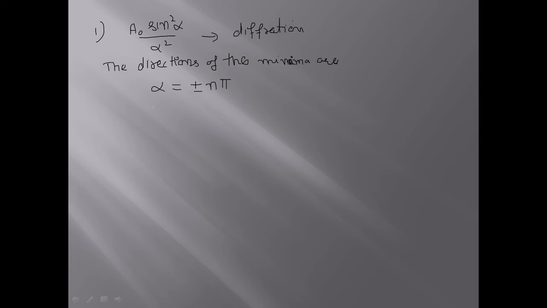Here let me put the value of the alpha. The alpha is equal to d sine theta divided by lambda is equal to plus minus n pi. From this, d sine theta is equal to plus minus n lambda.